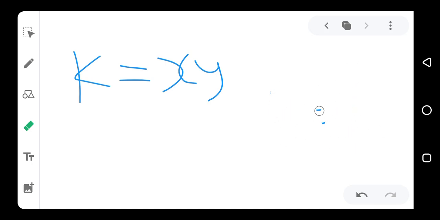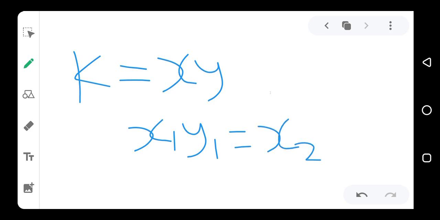Now what it means is that if you have different x and different y, we can now say that x1 y1 is equal to x2 y2.